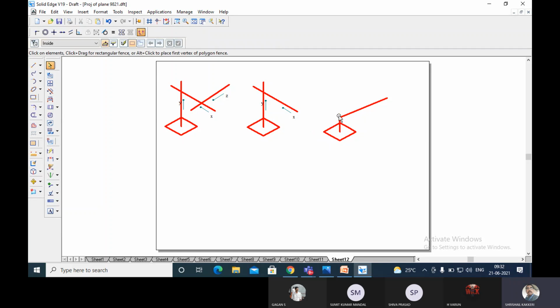It can rotate here, and it can rotate here, and it will have the end effector at the end. This much is enough. If you write this much, it will be more than enough.